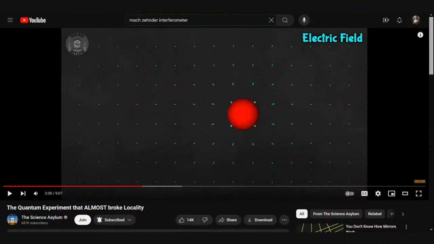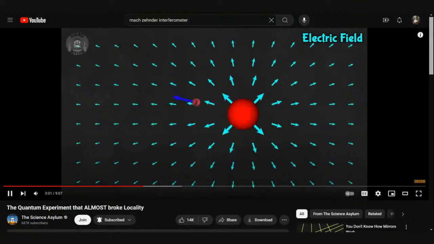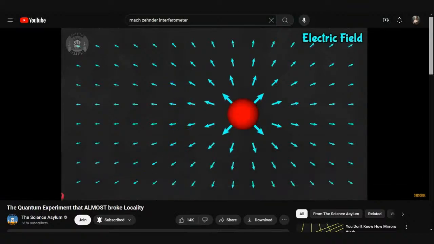That doesn't sound like the charge is creating the field, unless it's creating it from a distance. And then again, it's spooky action at a distance. You keep bumping your head against spooky action at a distance. Unbelievable. It creates an electric field, and that field affects the second charge.